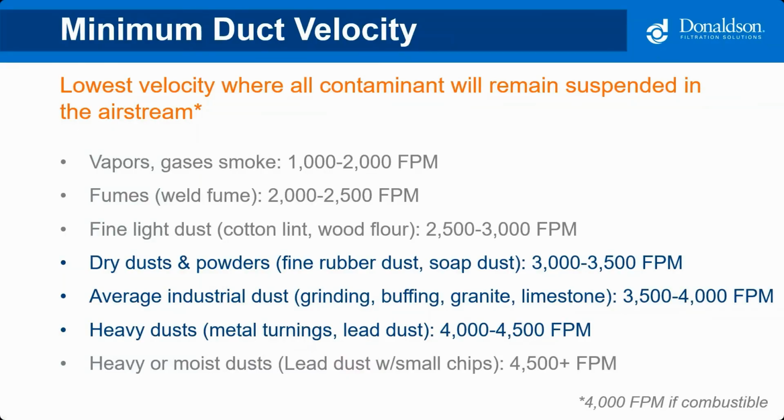That's why we typically see duct velocities in the 4,000 to 4,500 feet per minute range. If the duct velocity is too high, again, more energy is required to move that air through the duct. Ultimately, it can impact the size of the system, fan, as well as create issues such as increased noise, abrasion, or wear and tear.